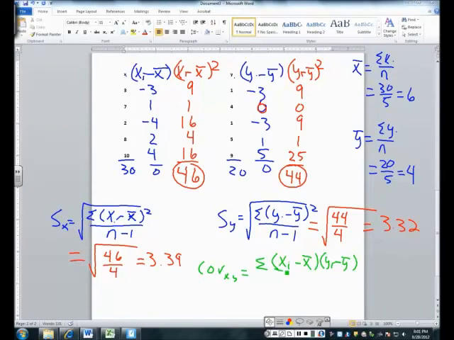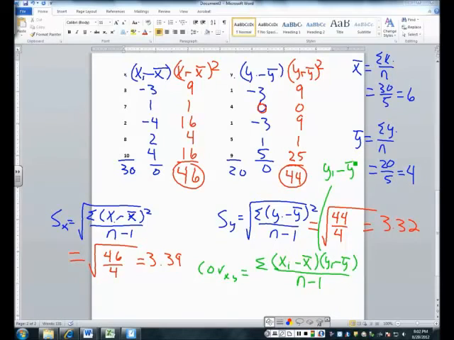No squaring there. Divided by n minus 1. So the sum of the x sub i minus x bars times y sub i minus y bar.